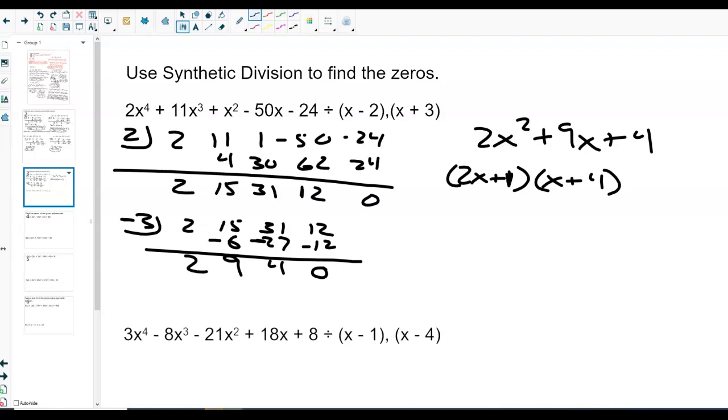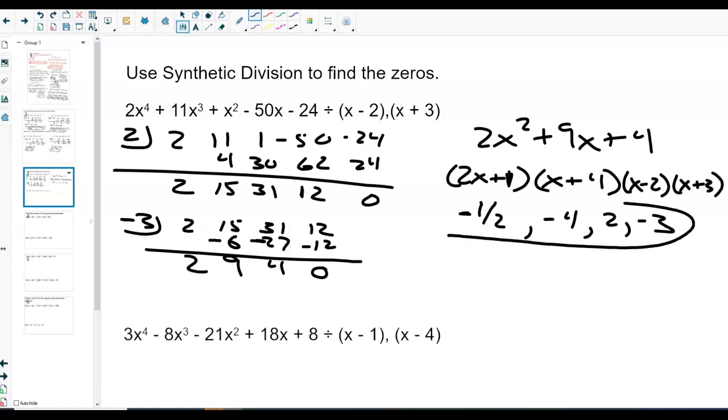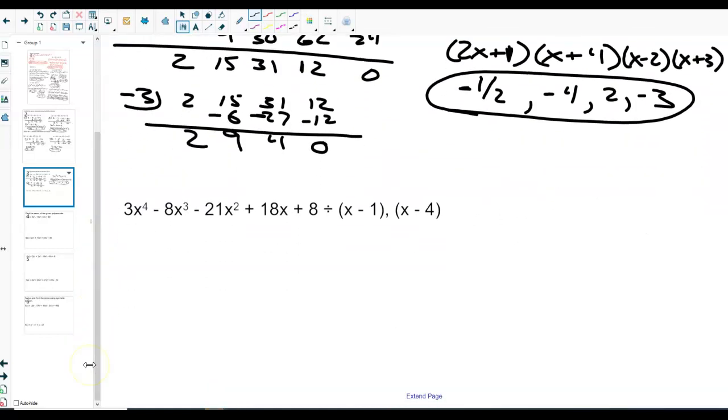That's its factor. 2x times 4 is 8x. 1 times x is 1x. That gives me my 9x. And you include the other 2 factors. X minus 2, x plus 3. So my zeros are negative 1/2, negative 4, 2, and negative 3. And this is all given information, basically.